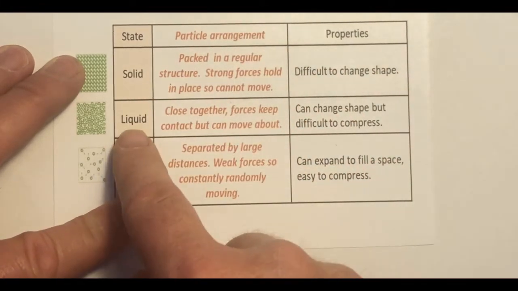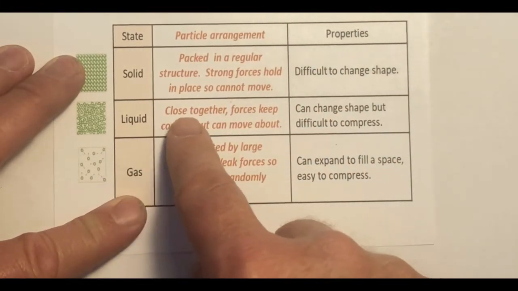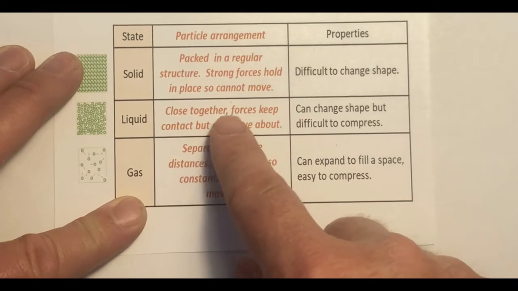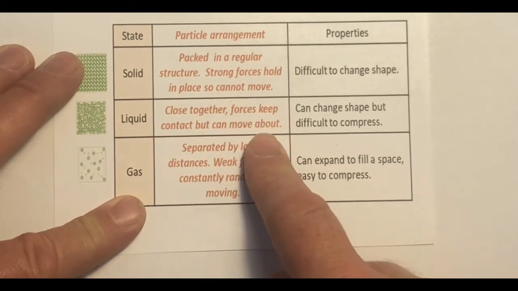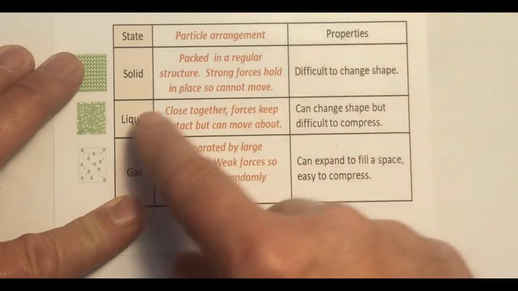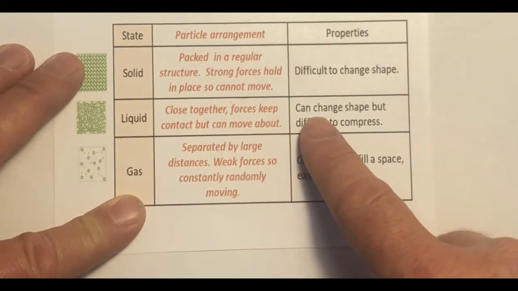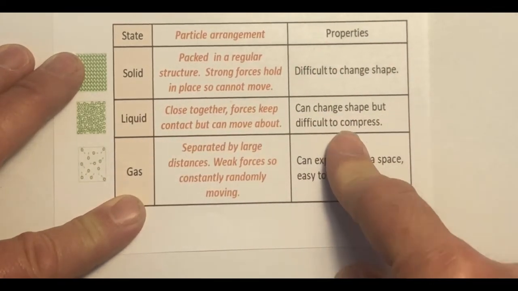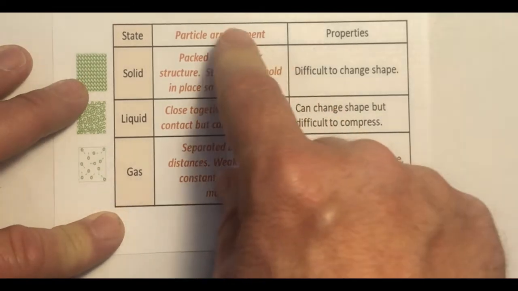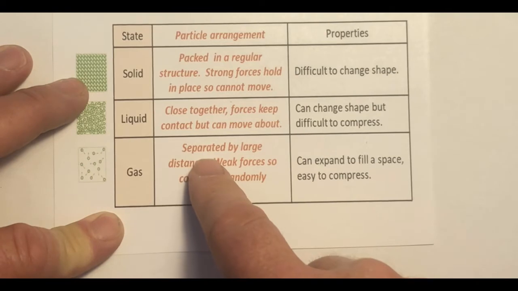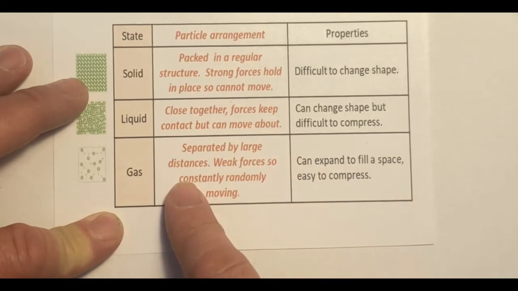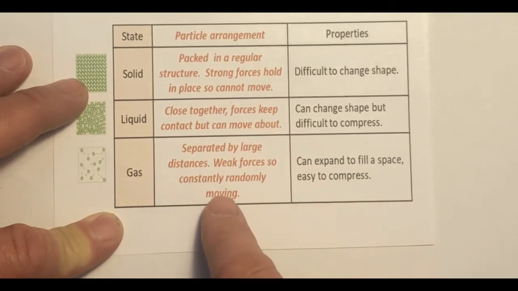The particle arrangement in a liquid is where they are all close together and the forces keep in contact but they can move around. A property of liquids is the fact that they can change shape but are very difficult to compress. The particle arrangement in a gas is where they are separated by large distances, weak forces, so are constantly randomly moving.